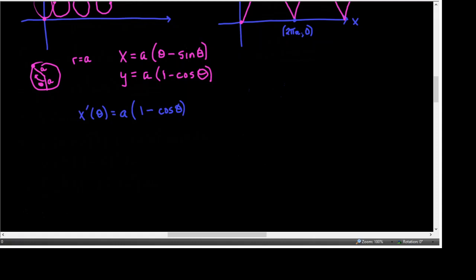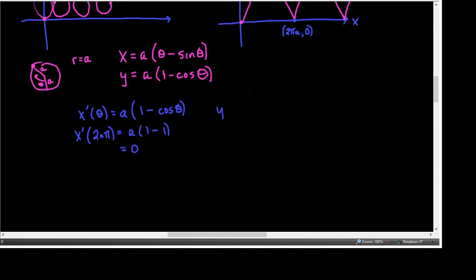And so if I were to put 2 pi times any integer, a is, we're going to assume, some integer value, this will be a times 1 minus the cosine of any multiple of 2 pi is 1, and 1 minus 1 is 0. So x prime at that place would be 0.